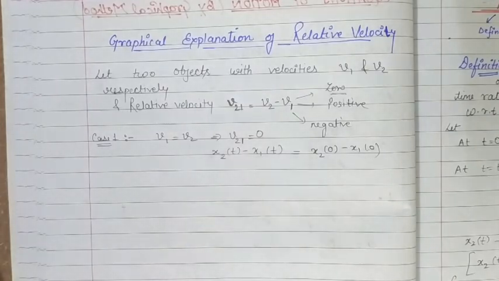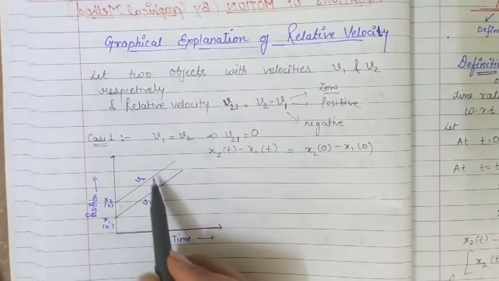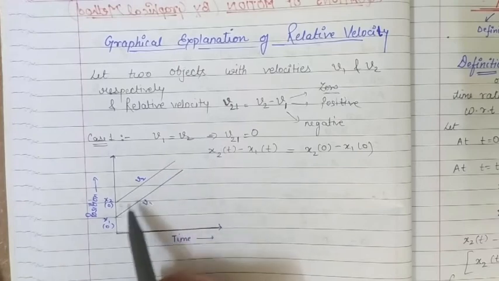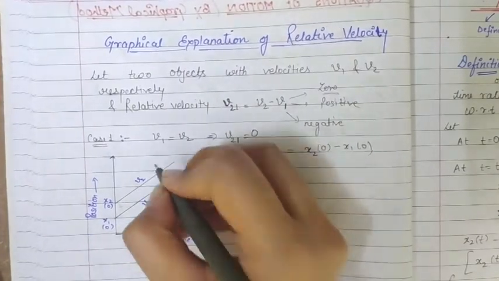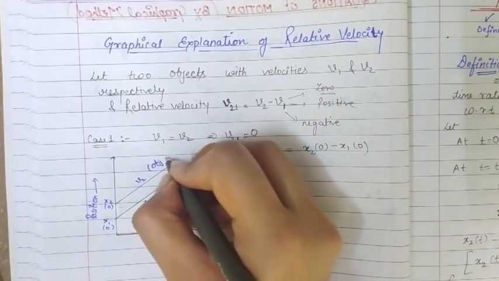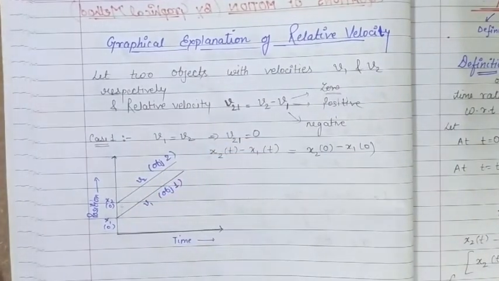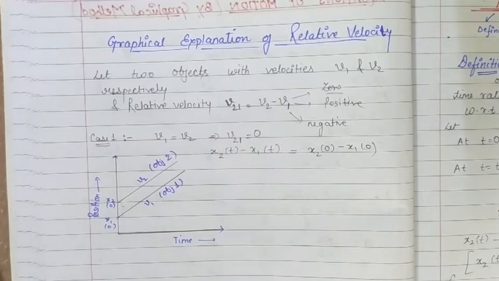From the initial position to the final position, the graph has two straight lines parallel to each other. There will be two parallel lines, one for object 1 and the other for object 2, and throughout the motion these lines are a constant distance apart.